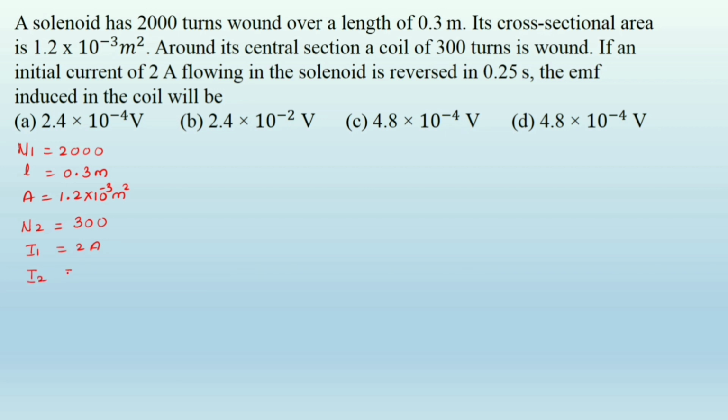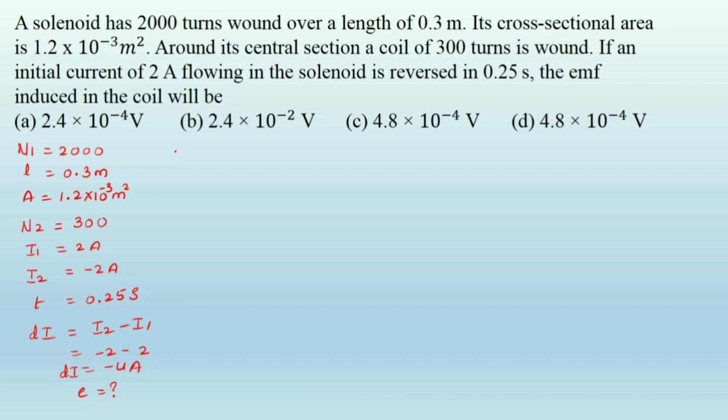Reversed means the final electric current I2 is minus 2 ampere in a time of 0.25 seconds. So the change in current is I2 minus I1, that is minus 2 minus 2, which gives minus 4 ampere. Using all these given values, we have to calculate the EMF induced in the coil.